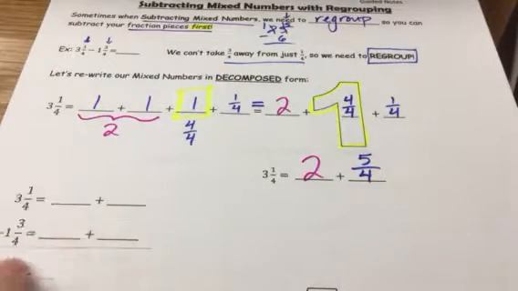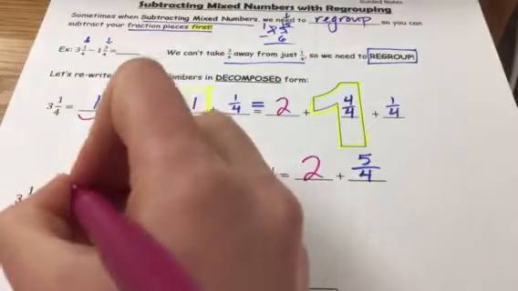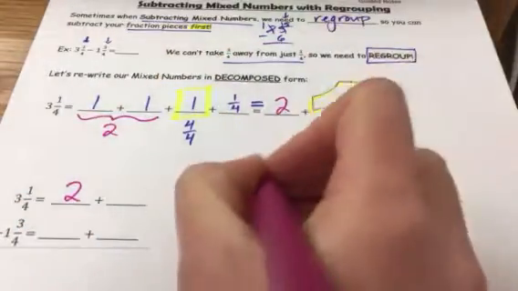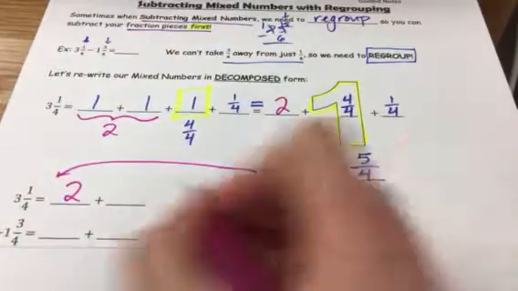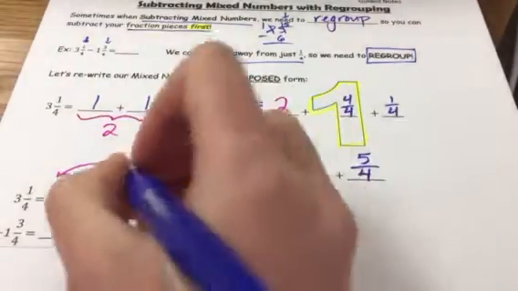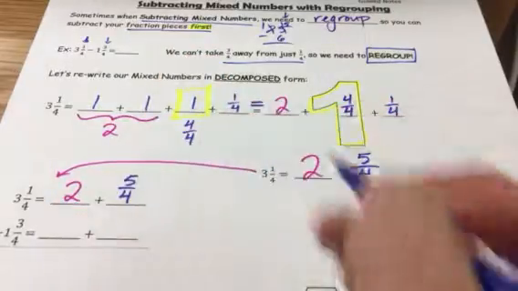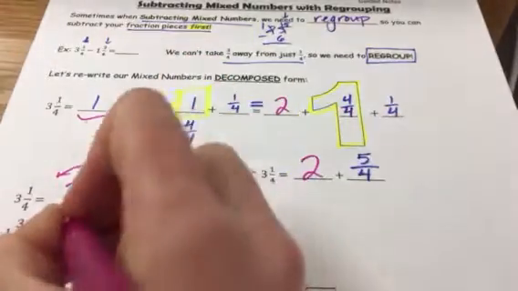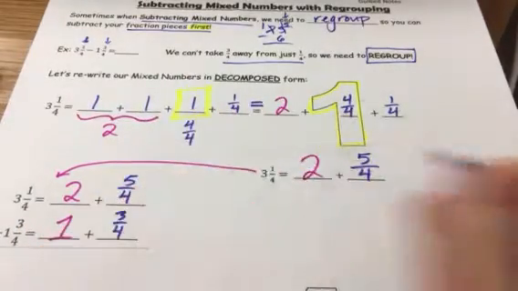So I'm going to go ahead and set this problem up now that I've decomposed it. I'm just going to bring it on over here. So 3 1/4 is indeed equivalent to 2 plus 5/4. And from that, we will subtract 1 and 3/4.